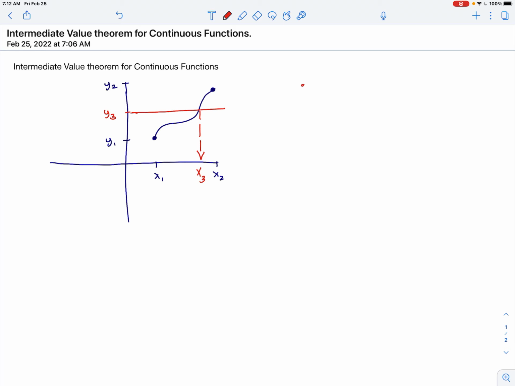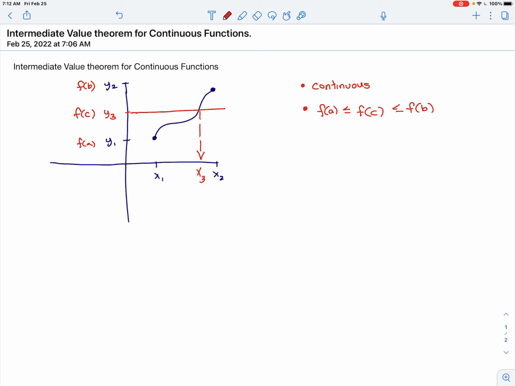So you have to show that the function is continuous, because that's essential to this working. And then you have to show that you're picking a, let's call it f of c value, and that f of c value is in between, so let me just move it over, your f of a and f of b, where this is your f of a and your f of b, and this is your f of c.